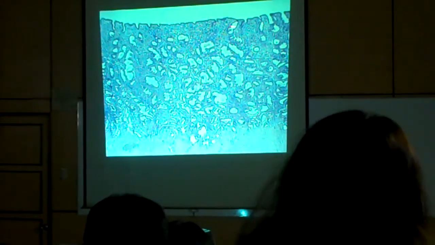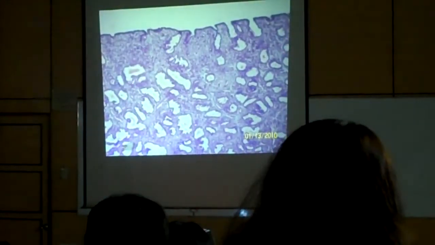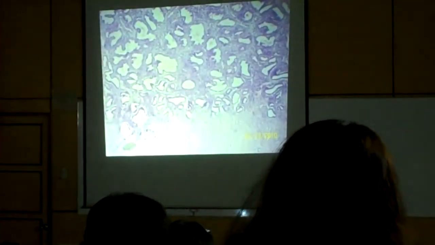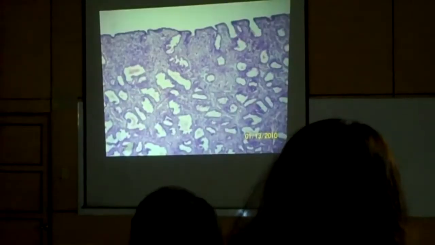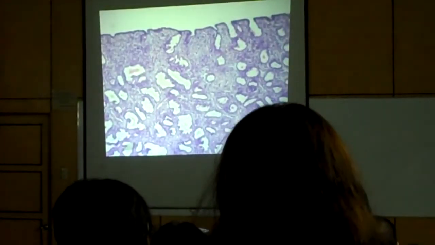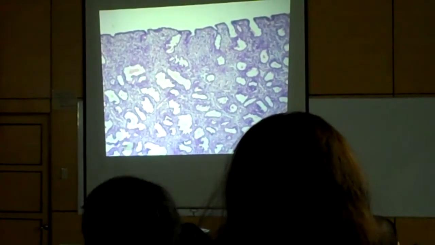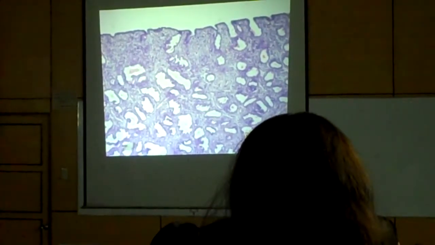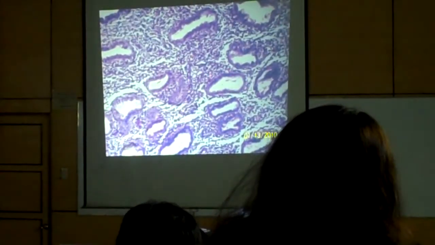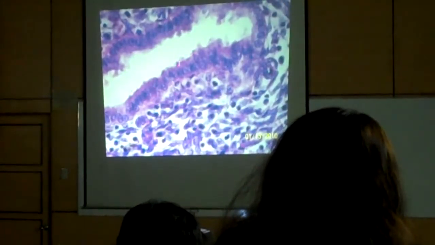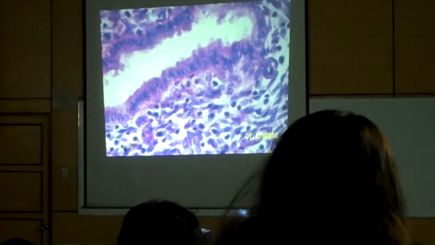Okay, the lining of the endometrium are simple columnar, mostly ciliated, some are not. Okay, but the glands, it's the other way around, mostly are simple, non-ciliated, with some ciliated.